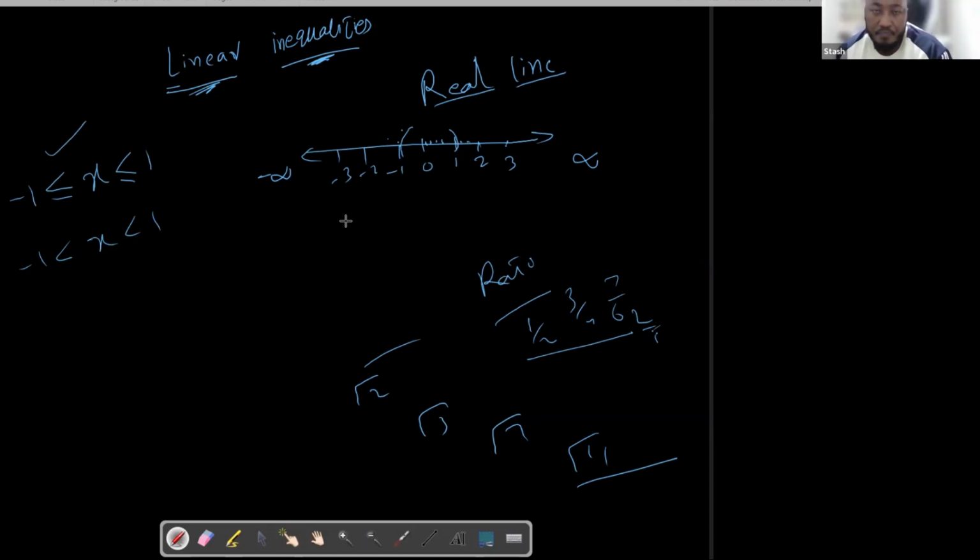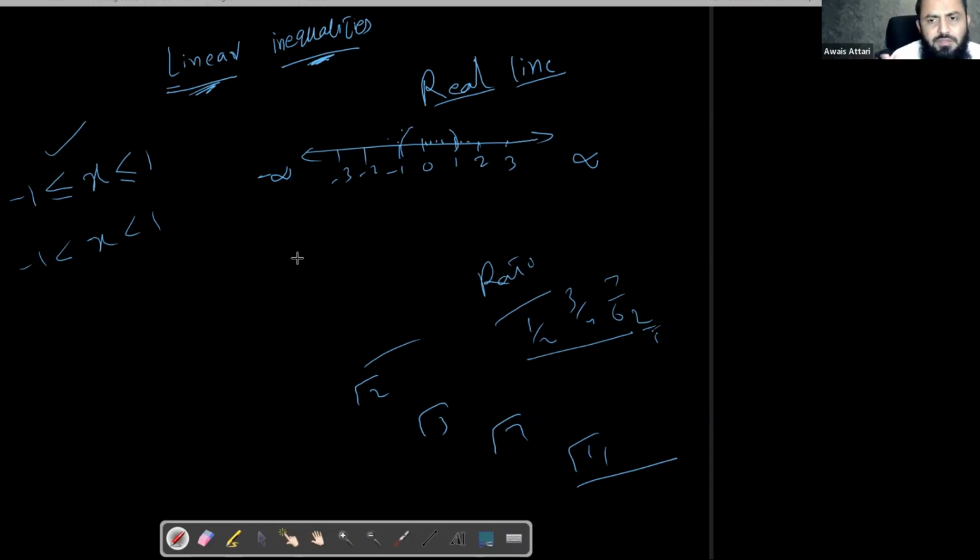For example, I want to write the inequality that represents all the positive integers. That's a question. So how would you write the inequality? Write the inequality that represents all the positive real numbers.